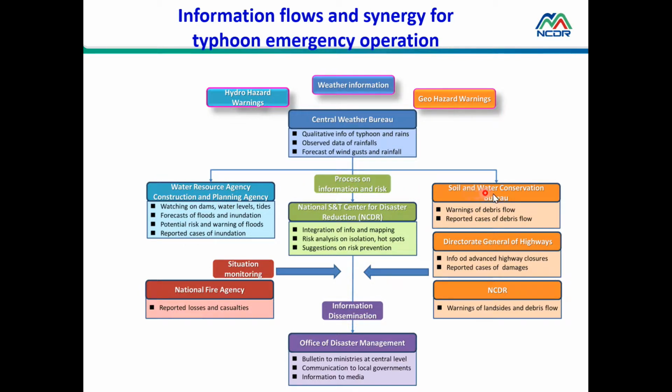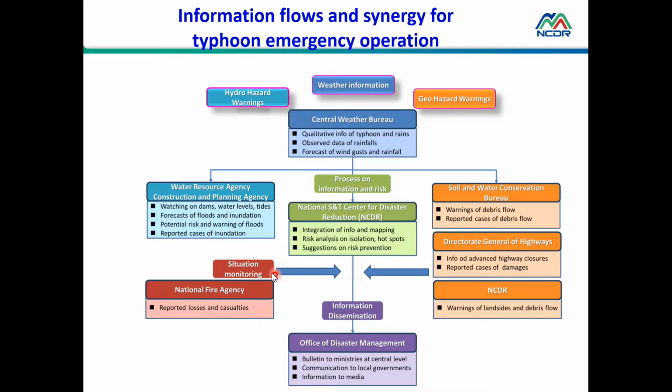Likewise, the Soil and Water Conservation Bureau, the Directorate General of Highways, and NCDR will estimate possible impact from the viewpoint of geohazard. And the NCDR will try to integrate information and create some maps.